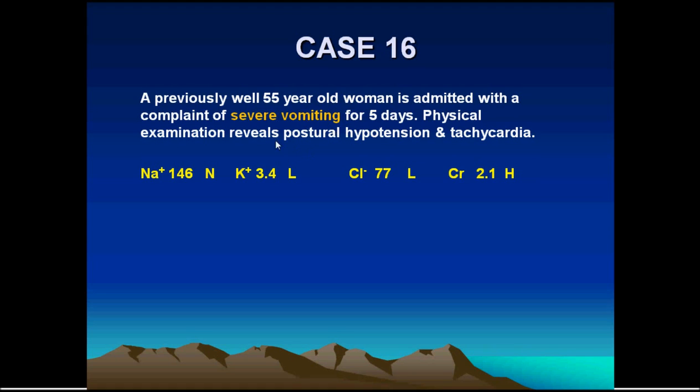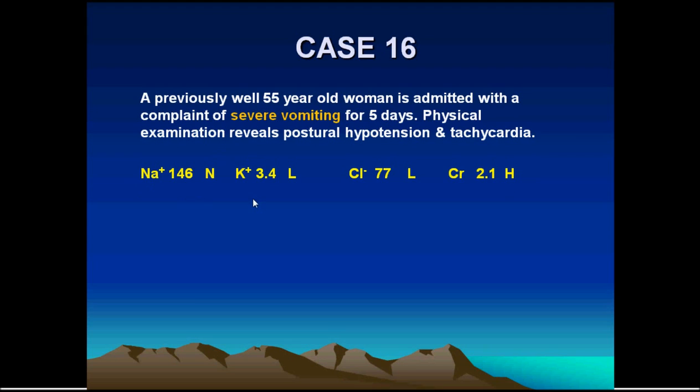So with severe vomiting, we are facing hypochloremic metabolic alkalosis. And since this is for 5 days, the patient may suffer some sort of dehydration or hypotension and there may be poor perfusion. So I am expecting two pathologies: hypochloremic metabolic alkalosis, and at the same time a high anion gap metabolic acidosis due to impaired tissue perfusion.